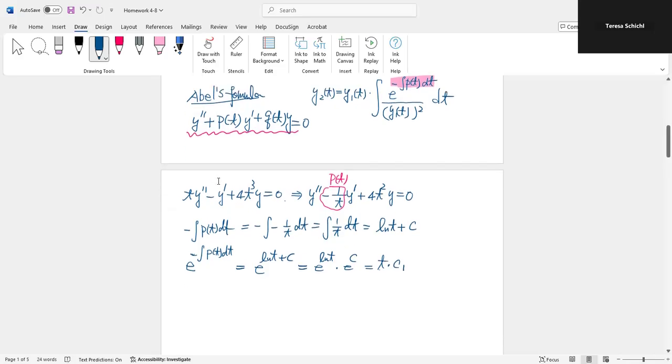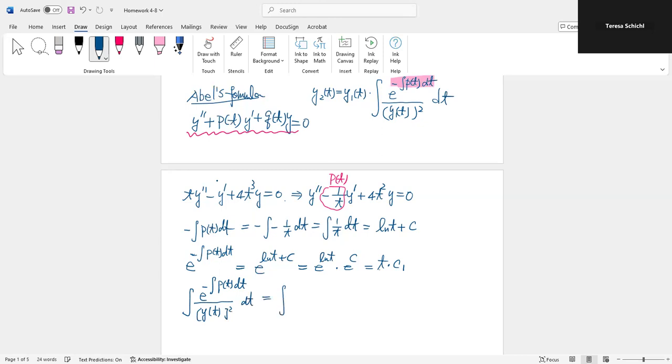Now I'm going to put this into the bigger integration. I have the integral of e to the negative integral of p(t) dt over y1(t) the whole thing squared, dt.